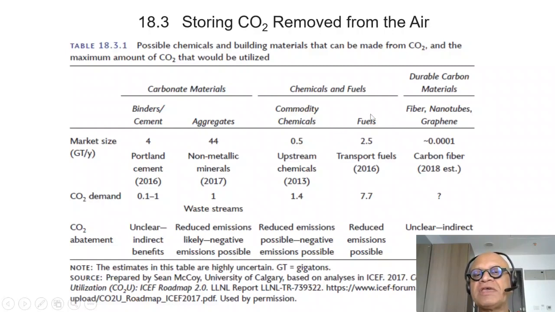Okay, so commodity chemicals, fuels, durable carbon materials like fibers, nanotubes, graphenes. So you can see that the size of the market here is fairly small, and the CO2 demand is uncertain right now. It's unclear in terms of the direct benefits, but there may be indirect benefits. Okay, so estimates in this table are highly uncertain.